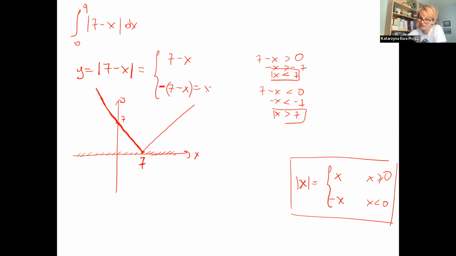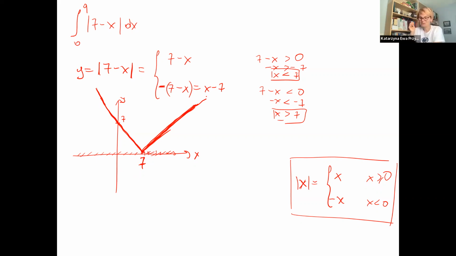When I distribute the negative, we have x minus 7. The line x minus 7 looks like this. But we only accept it for x greater than 7, which starts here. That's how we create the v. That's where the v comes from.